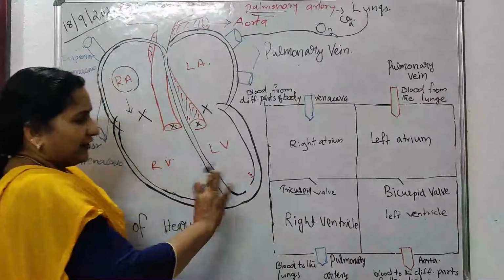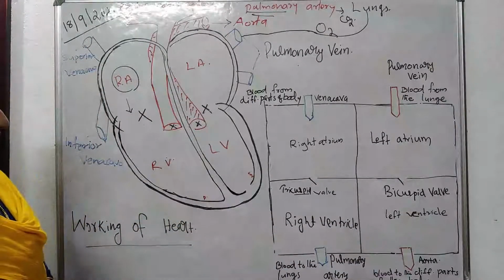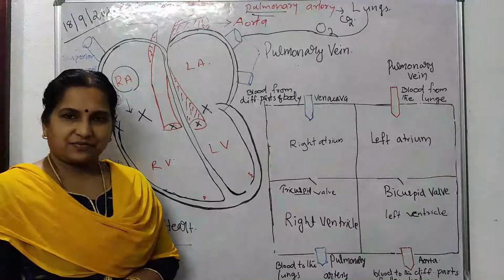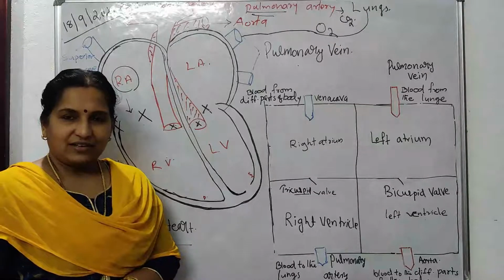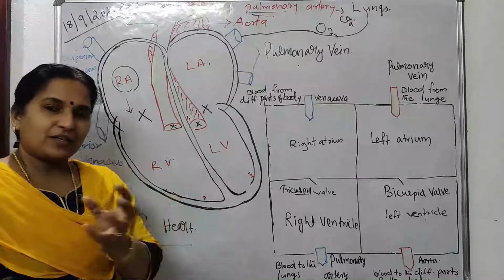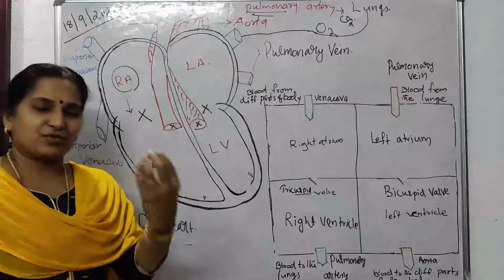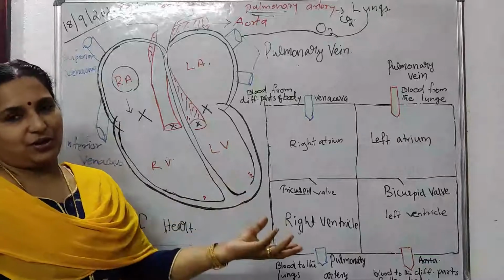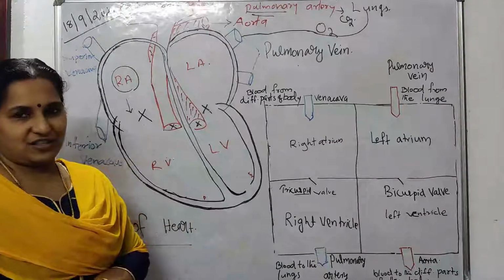See, from this diagram, we can understand there are 2 types of circulation that take place. Which are they? One is from different parts of the body, blood reaches the heart. From the heart, the blood reaches different parts of the body. That is one type of circulation.